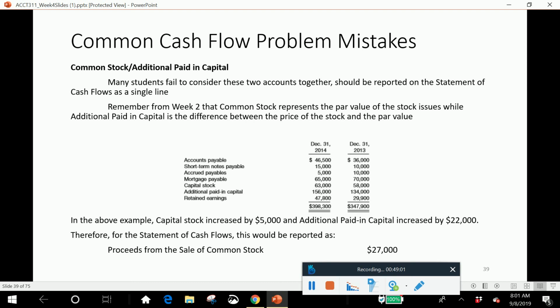Not proceeds from the sale of common stock, or capital stock, $5,000, additional paid-in capital, $22,000. It should be shown as one line, not two.